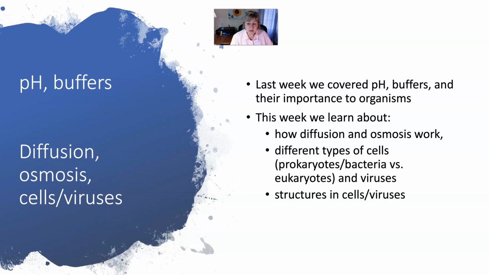So last week we covered pH and buffers and their importance to organisms. pH is a measure of how acidic or basic an aqueous solution is. And we know now that organisms love a nice neutral pH for the most part, including ourselves. And buffers are chemical systems that help maintain that pH in a state of homeostasis, which is extremely important.